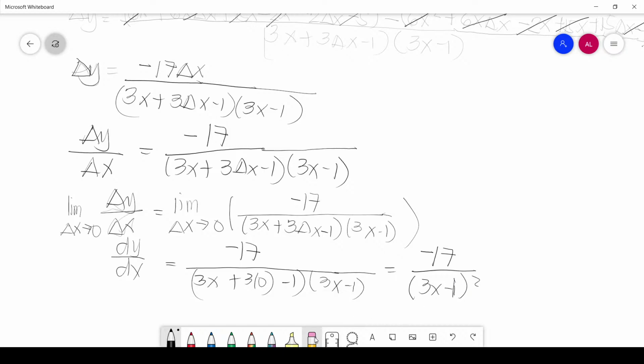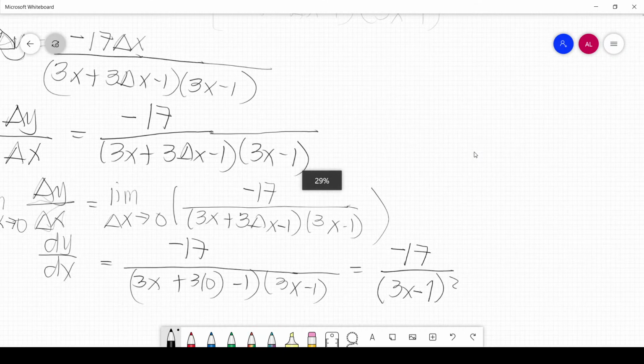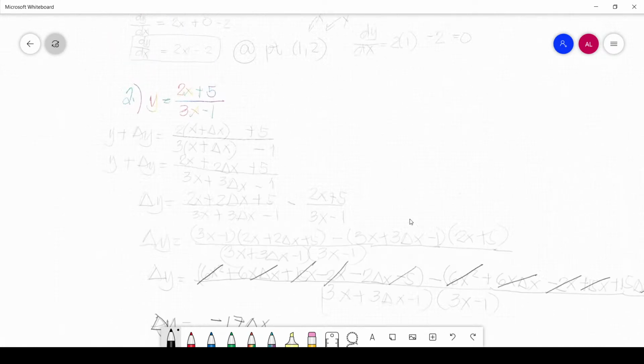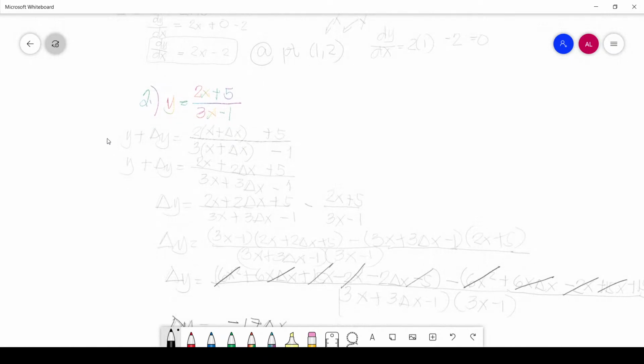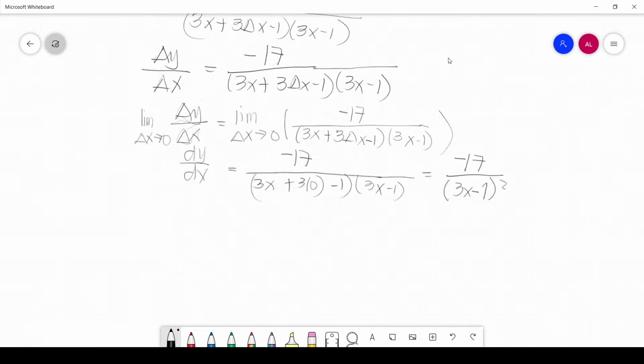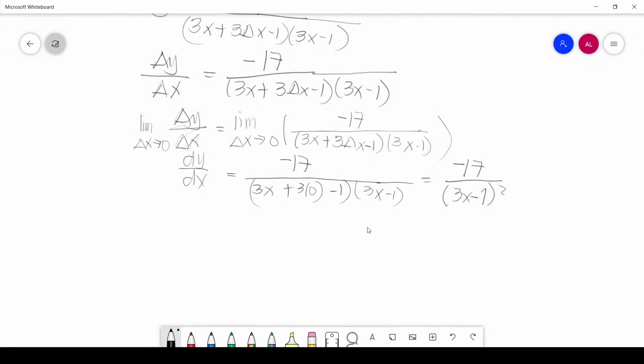Paano nangyari iyon? So, this is how important mathematics is actually. Kasi ang pag-derivative talaga, once mag-substitute na tayo, that's it. Derivative na ito. However, we need it to be simplified, so that's how we do mathematics.